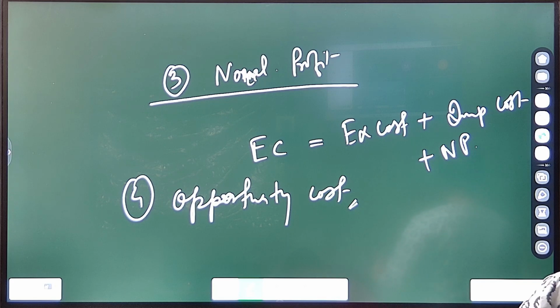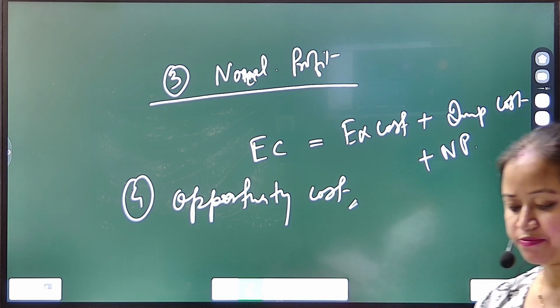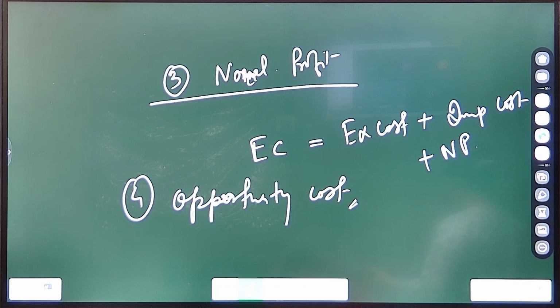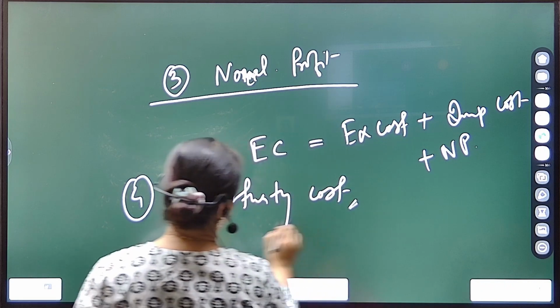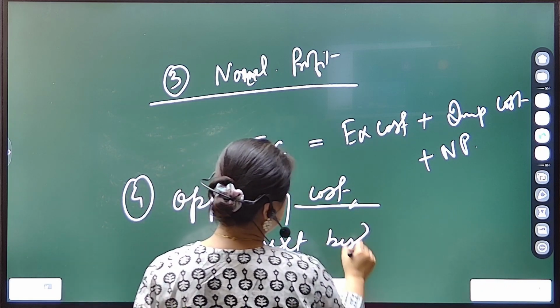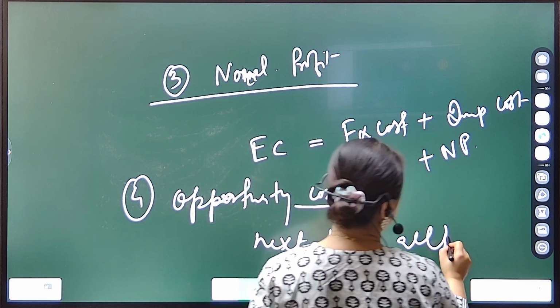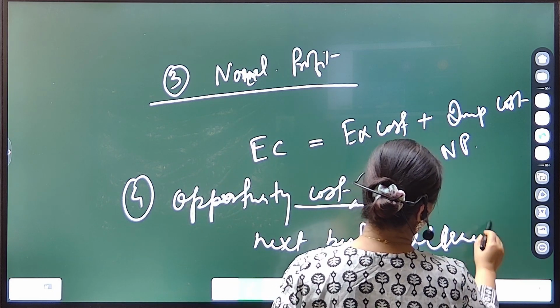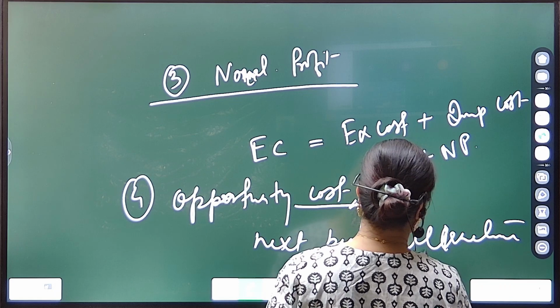So the opportunity cost of anything is the next best alternative, which is foregone.